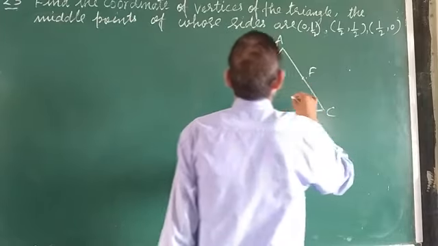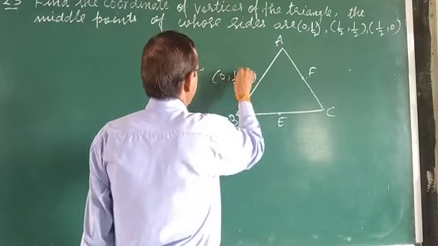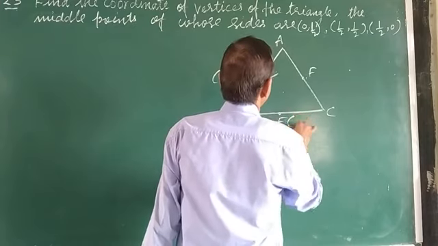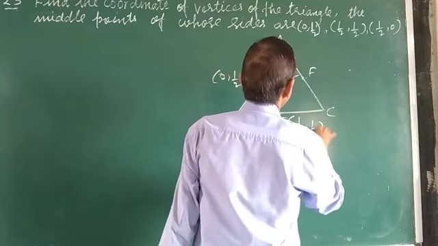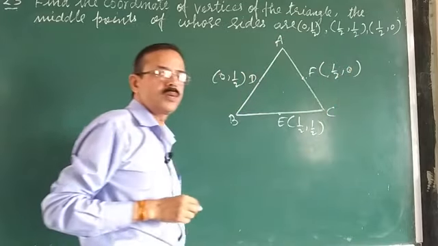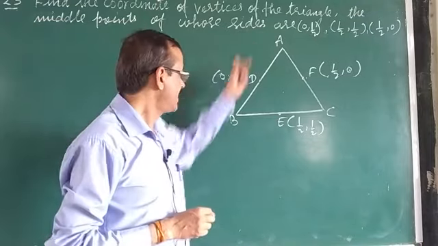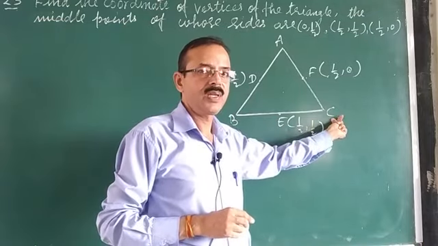This is given: (0, 1/2), (1/2, 1/2) and (1/2, 0). Midpoints are given. What is not given? The vertices of this triangle, A, B, C, are not given.